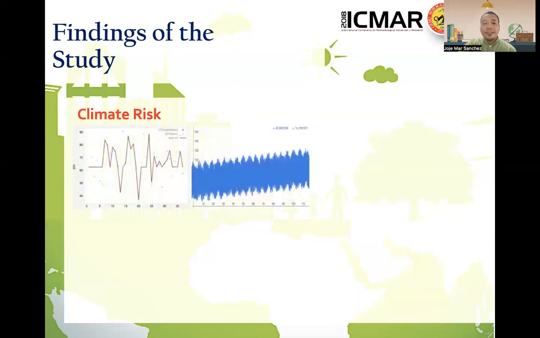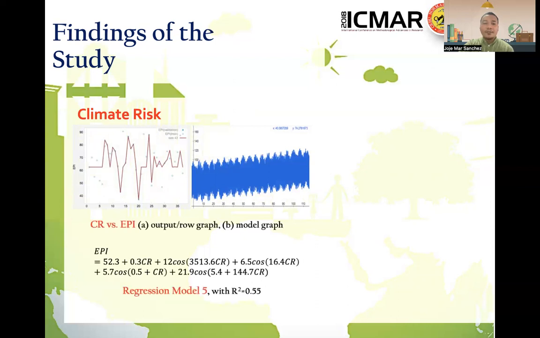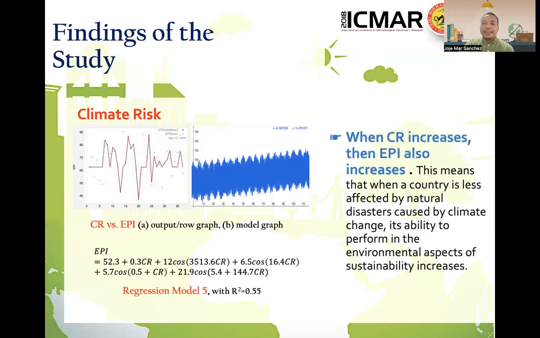We also have climate risk with an R squared of 0.55, stating that when climate risk increases, then your environmental performance also increases. This means that when a country is less affected by natural disasters caused by climate change, its ability to perform in the environmental aspects of sustainability increases.